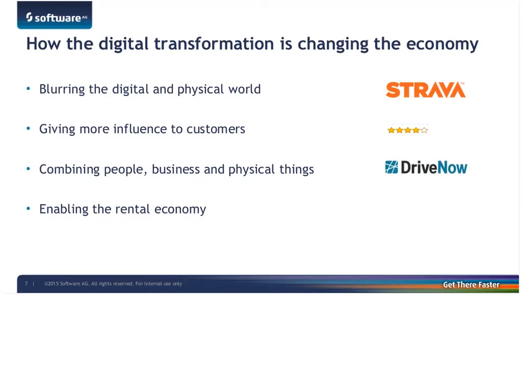More and more we see that people, business, and physical things are being connected in a way that was never possible before. A great example here is DriveNow, which is a joint venture from BMW and Sixt. DriveNow is in each major hub in the world. You get an app, you see where a DriveNow car is available, you go to that car, and you can open it with your phone.